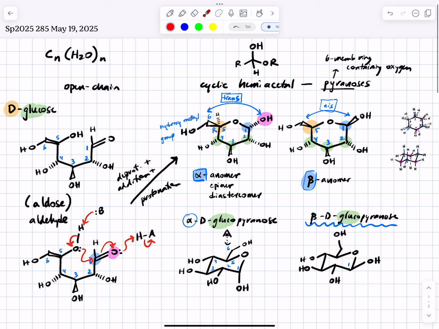And you can recognize the hemiacetal carbon because it will have an OH and an OR attached to the same carbon. Okay, questions about all of that?